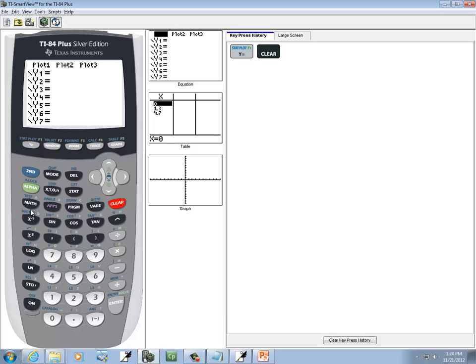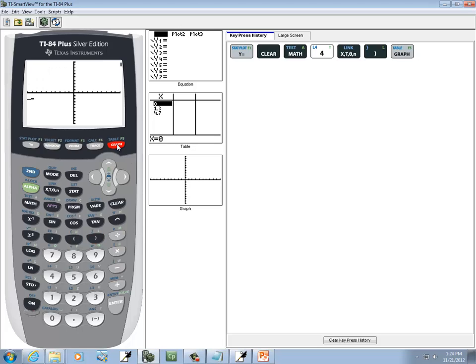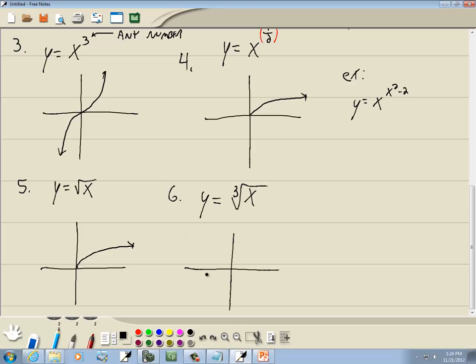So I'm going to press my math button. And you see the cube root is the fourth one down. So I'll press number 4 to quickly choose it. And then I'll put an x key, and then I'll push my closing parenthesis, and then graph. And that's our answer.